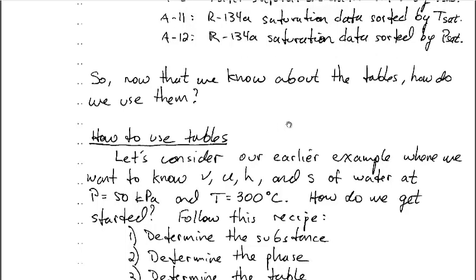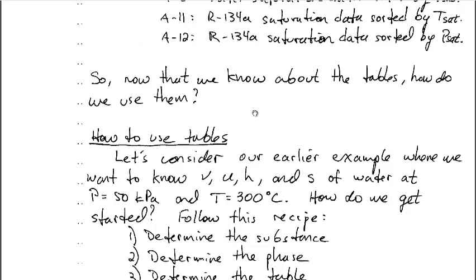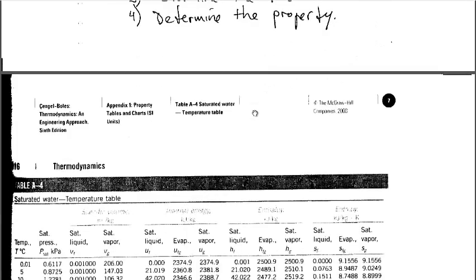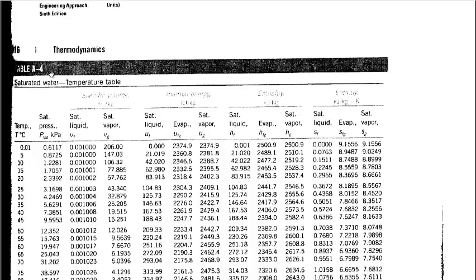Well, let's first of all consider our earlier example. In fact, before I get into this example, let me show you the tables and walk you through them so that you have a general idea of what they look like. If we take a look here in the back of your book, you will have table A4. If you bought the 7th edition, either the full version or the condensed number of chapters version, that's the custom version for Texas A&M, then table A4 should start on page 916.